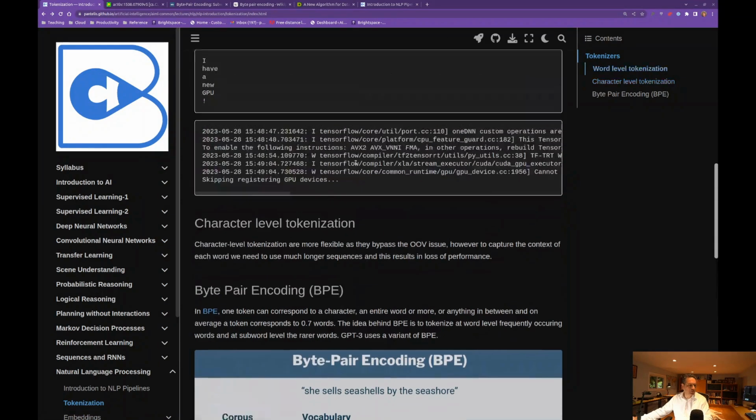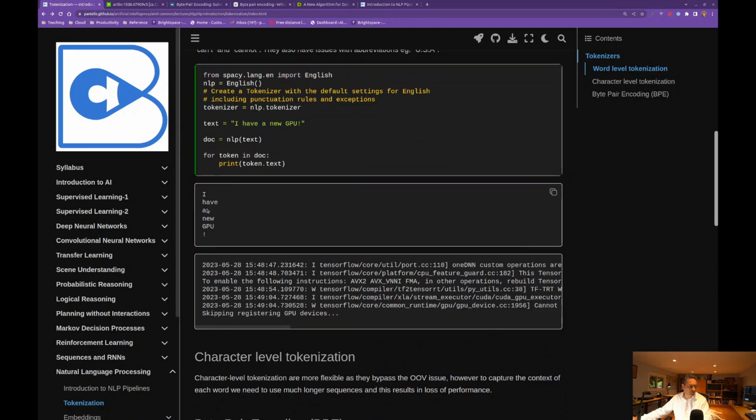Effectively, we are going to have a sizable number of tokens produced out of a very simple sentence, and that causes the other trade-off: the longer our sentences become in terms of tokens, then, as we have seen in an earlier video on recurrent neural networks, and this is also true for transformers, there are going to be far more challenges to recall the information, especially in a recurrent architecture.